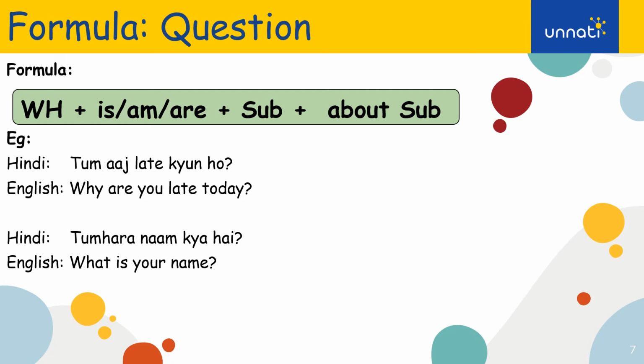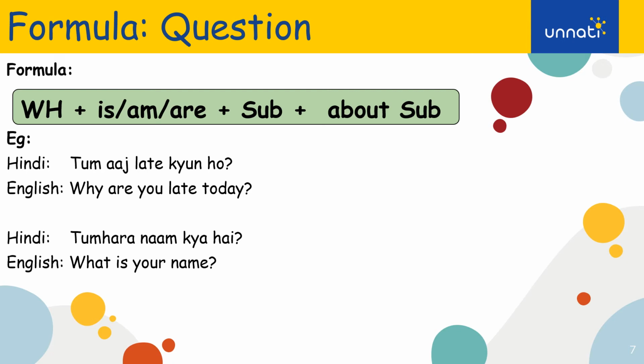We would first have the WH word or the question word plus the state of being verb, that is, is, am, are, plus subject, plus about subject, that is, subject's description. I repeat, WH word plus is, am, are, whatever is applicable, plus the subject, plus about the subject.